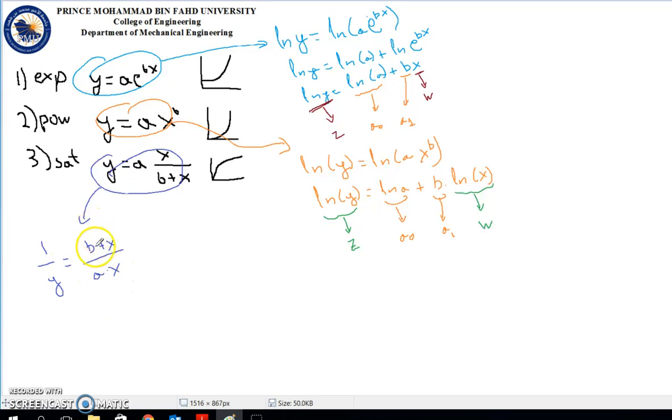So now I can break this into two parts. We'll have 1 over y equals b over ax plus x over ax. Now let's rewrite this as 1 over y equals b over a multiplied by 1 over x plus 1 over a. So what we've done now is that we linearized this expression.